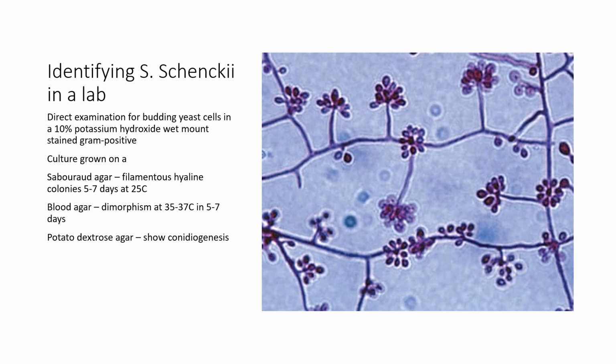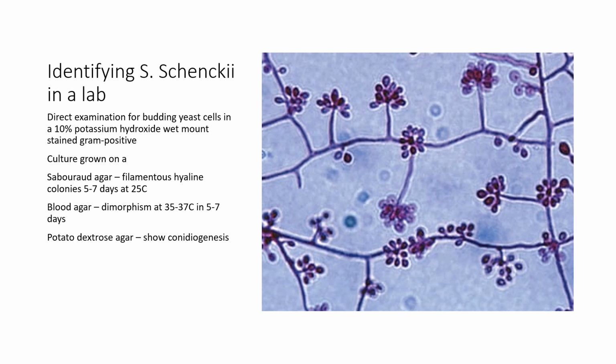To identify the schenckii strain in a lab, a direct examination for budding yeast can be done in a 10% potassium hydroxide wet mount and will be stained gram-positive. Cultures can also be grown on a sporotrichosis agar for filamentous hyaline colonies in about 5 to 7 days at 25 degrees Celsius.